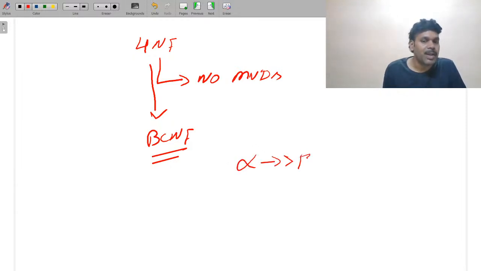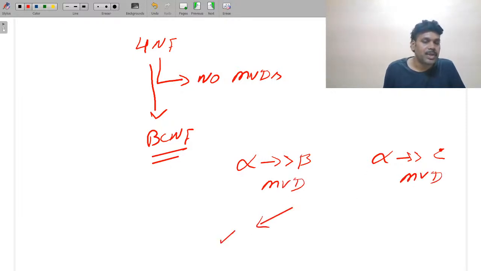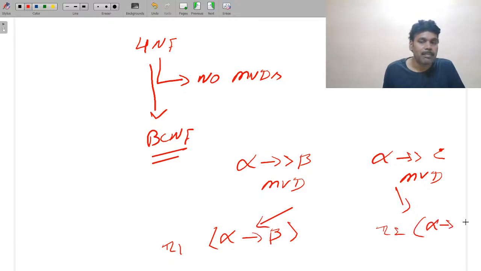Alpha implies beta, and alpha implies some other attribute like C. As this is an MVD, we try to put it into an alpha implies beta decomposition. I am doing another decomposition, that is alpha implies C.